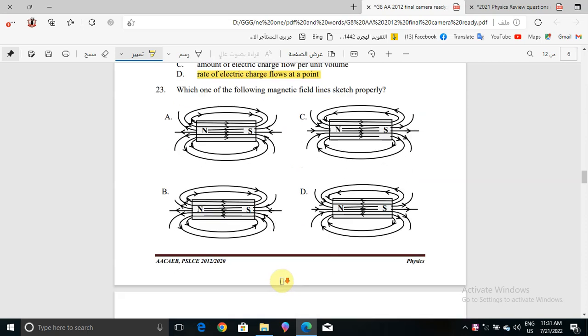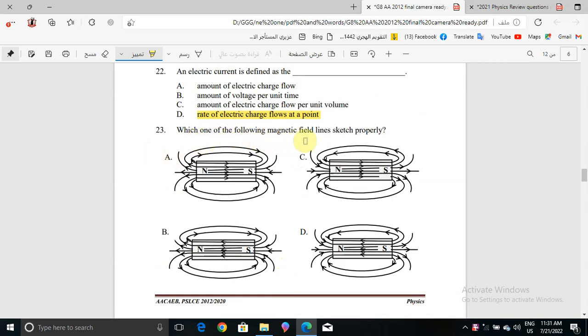Now question number 23. Which one of the following magnetic field lines is sketched properly? First of all, we know the magnetism here, and we have the north pole and the south pole.